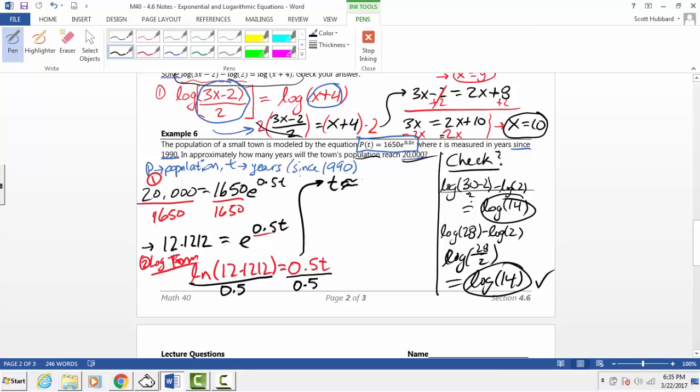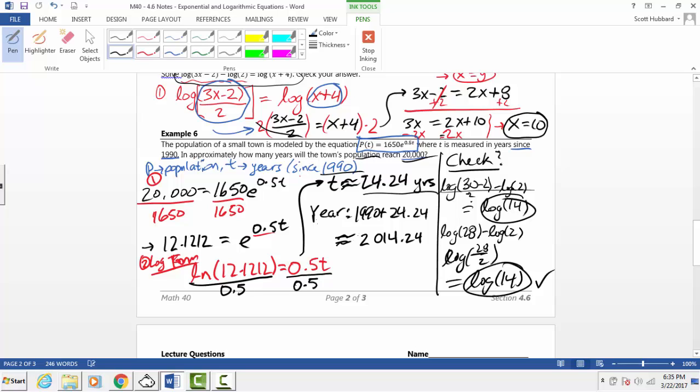So t is roughly 24.24 years. But remember, that was years since when? That was years since 1990. So the year is going to be 1990 plus 24.24, which is roughly 2014.24.